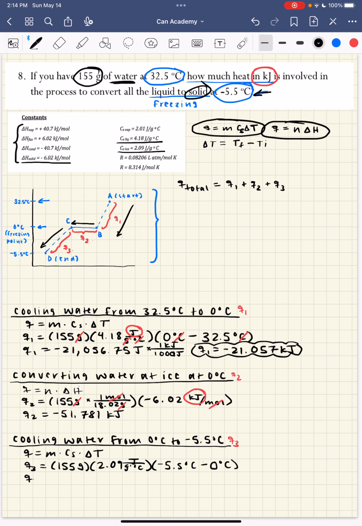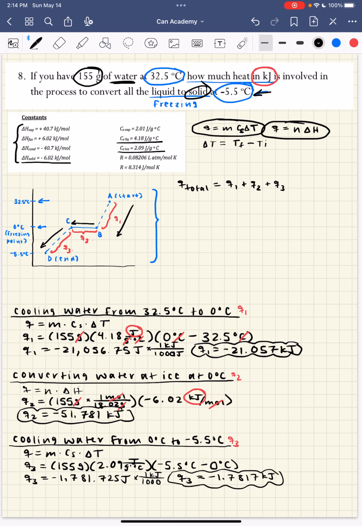So we multiply this out, and we get that Q3 is equal to negative 1,781.725 joules. And then again, we're going to want to multiply this by the kilojoule conversion factor. So we get that Q3 is equal to negative 1.7817 kilojoules.